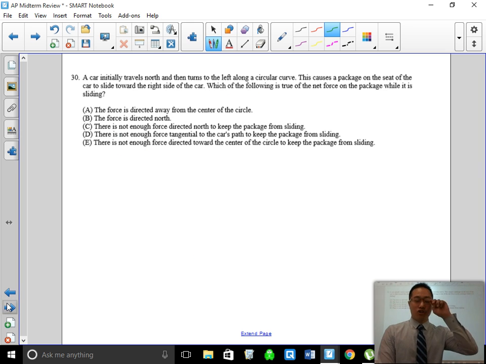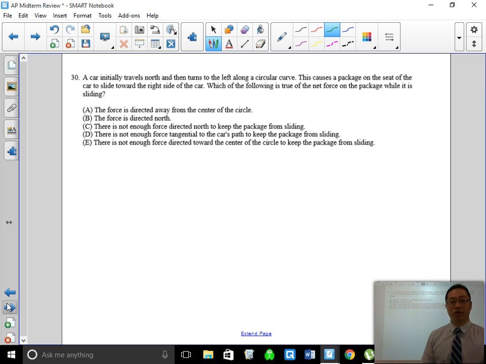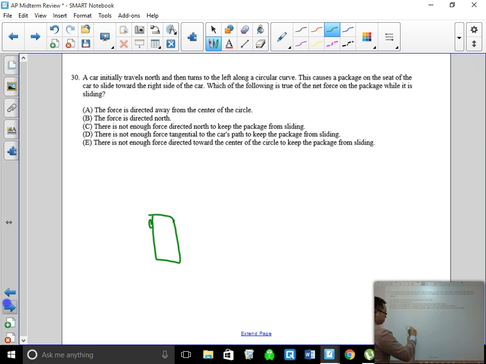A car traveling north turns left along a circular curve. Okay, and the package on the seat slides towards the right. Which of the following is true of the net force on the package? Well, when you have a car driving north, and there's your package inside, and it turns, as the car is turning, the package wants to keep on going in a straight line.